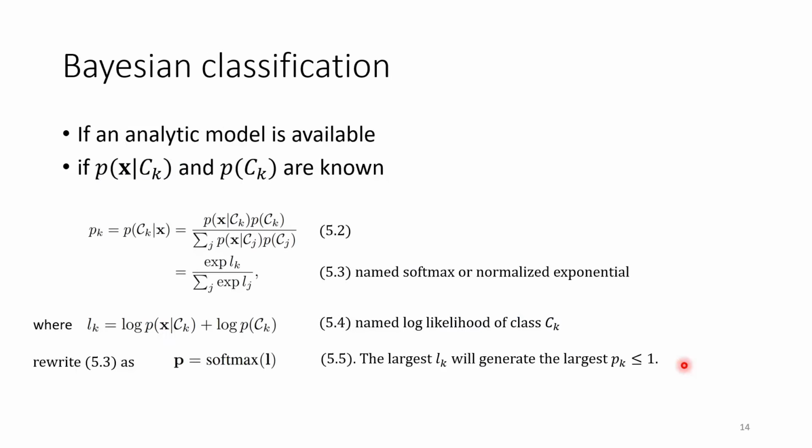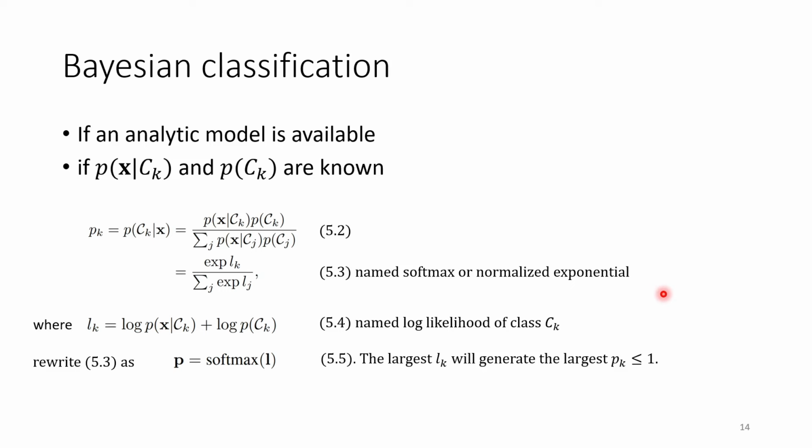Here is another classification approach named Bayesian classification, because it uses a probability model. Suppose we can get the analytical model of the function.